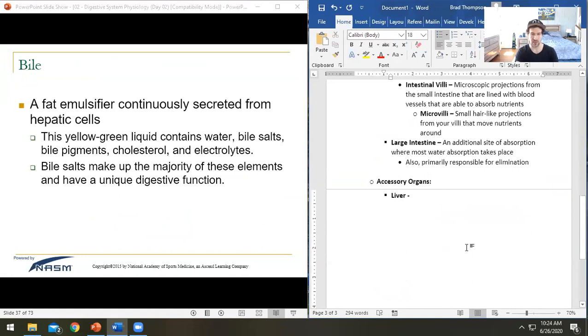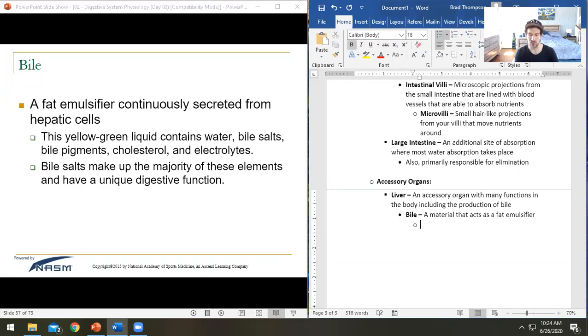So your liver is an accessory organ with many functions in the body, including the production of bile. And bile is a material that acts as a fat emulsifier, right?